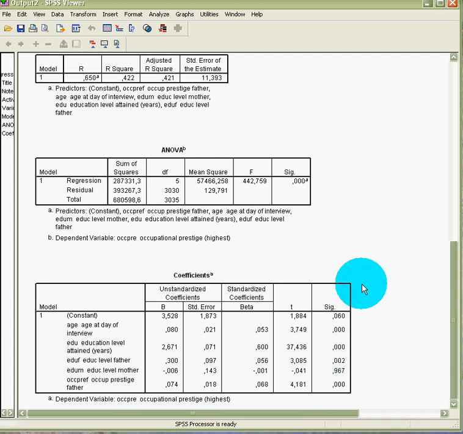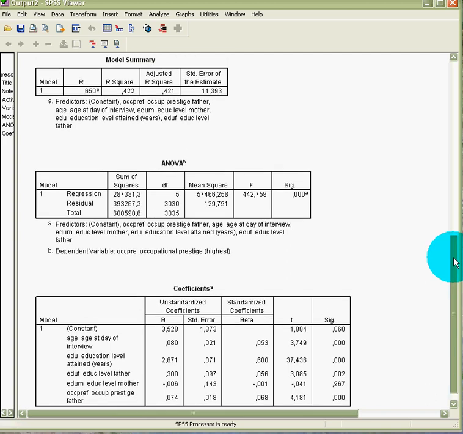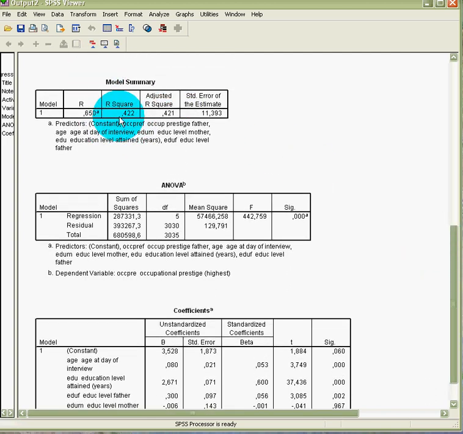This is how you should read those SPSS linear regression outputs. So first we are stating that the model explains, let's say, 42%, and we say the model as a whole with 95% predicts. So this is the significance.